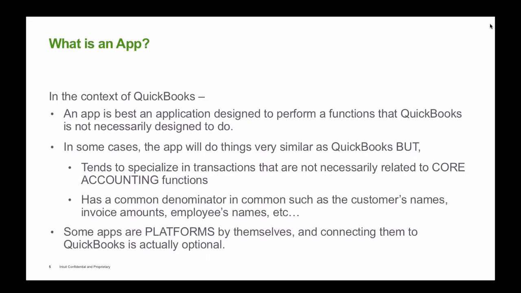However, the common denominator is that in QuickBooks, all the financial information is there. So you wouldn't want to retype that information somewhere else to be able to pull special reports or do other functions that apps can do. Some apps themselves are platforms. That means they can connect to other systems that are not just QuickBooks.